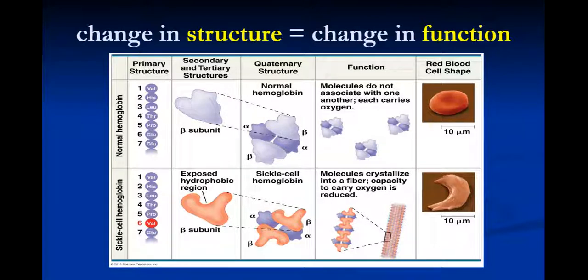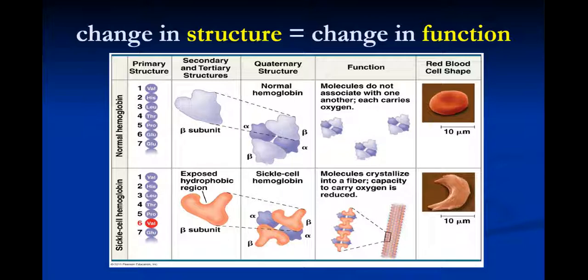If we look at position number 6, notice how in the normal hemoglobin on top, we have GLU, glutamic acid, but it gets switched to VAL, which is valine. Those two amino acids have different properties. They do not have the same ones. So for instance, glutamic acid is acidic, whereas valine is not acidic. So if we look at that, the properties are going to change, a conformation change, a change in the structure.